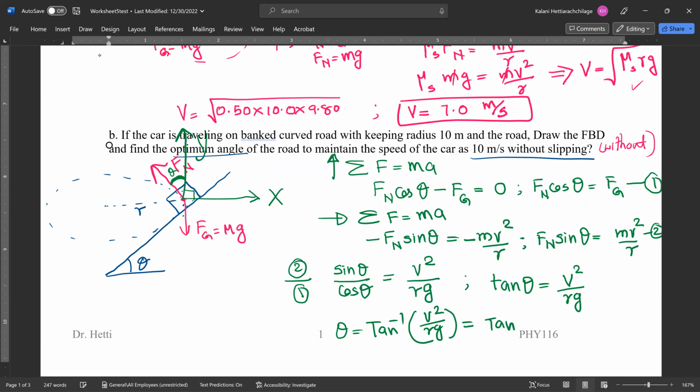So tangent inverse, v squared is 10 meters per second squared divided by R is 10 meters and g is 9.80, and this will give you the value of theta, optimum angle we call it, as 45.5 degrees.